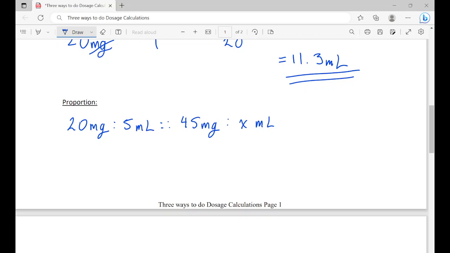Now, a proportion is a little bit hard to solve, so what we're going to do is write it in fraction form. So this is going to become 20 milligrams over 5 milliliters equals 45 milligrams over, and I'm just going to use x because I need to know what I'm solving for.